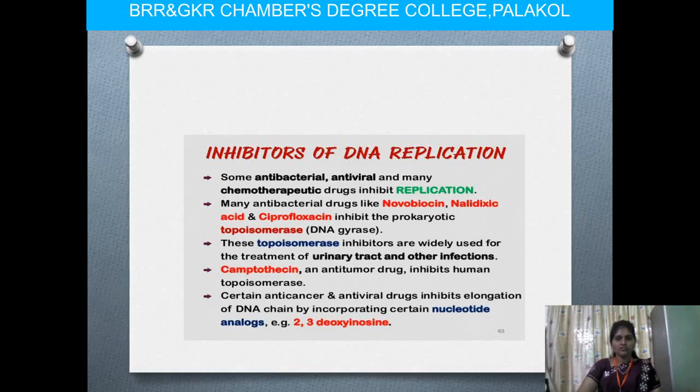So if we use these drugs in prokaryotic organisms like bacteria, the replication will be stopped. These topoisomerase inhibitors are widely used in the treatment of urinary tract and other infections.